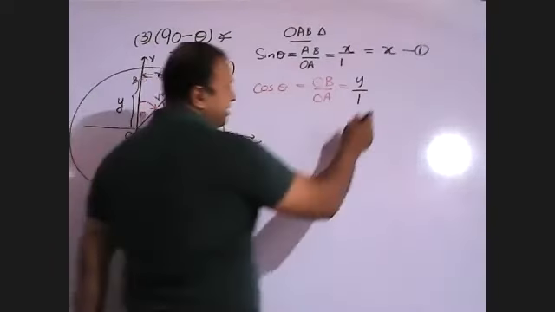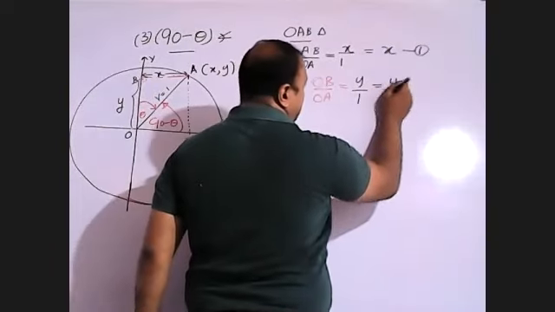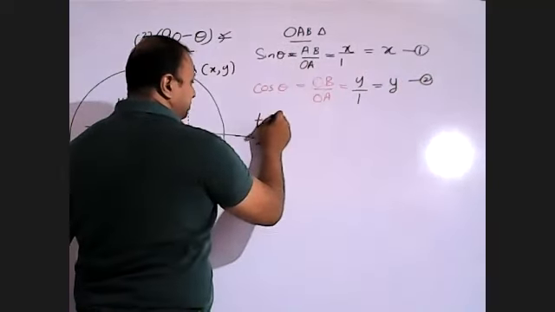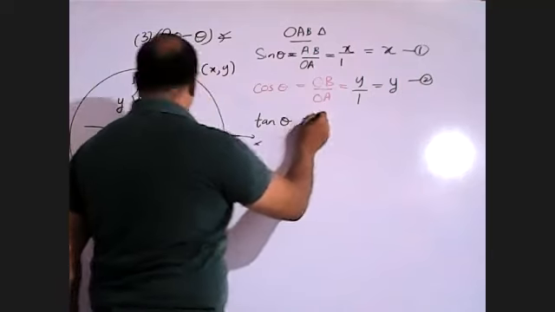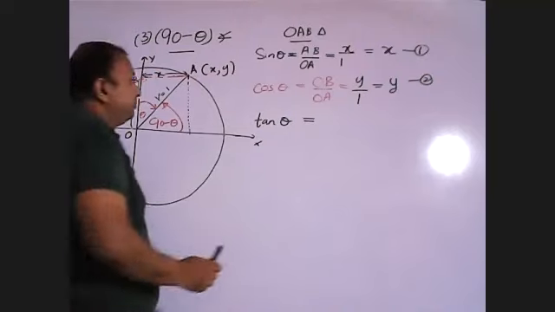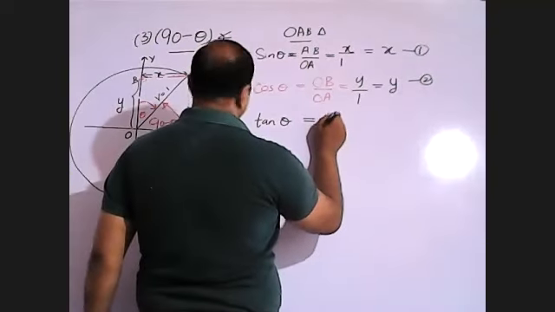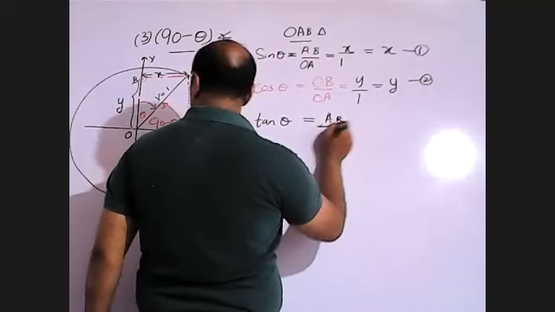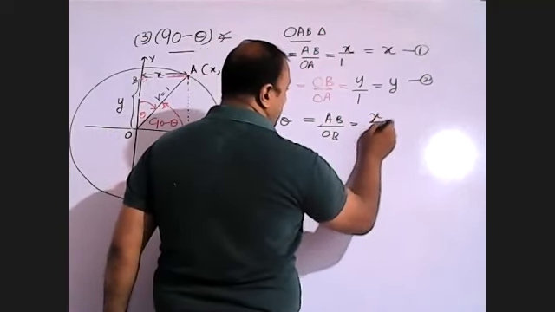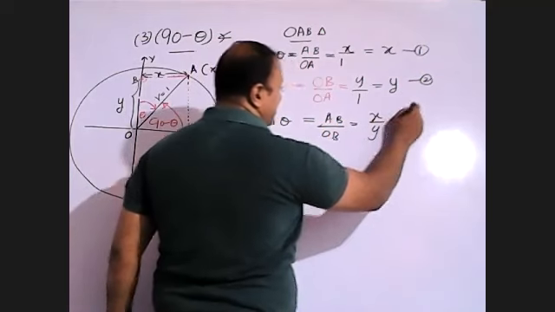So cos theta is equal to y. Then tan theta is equal to opposite side over adjacent side, that means AB over OB.